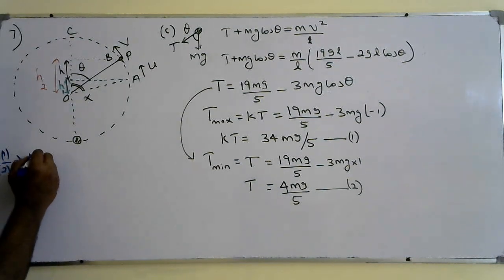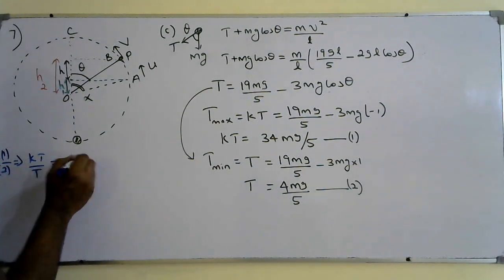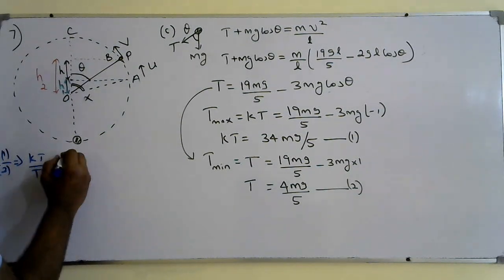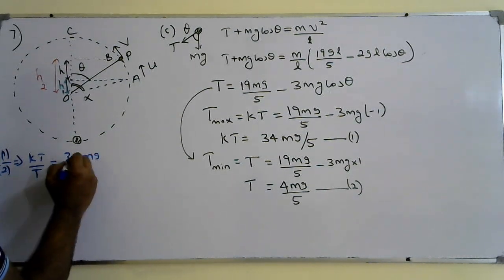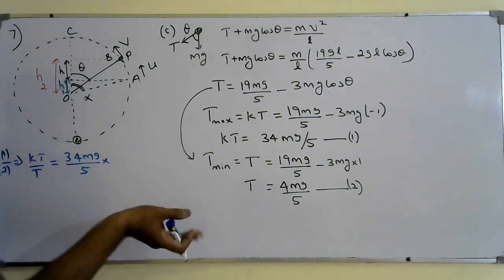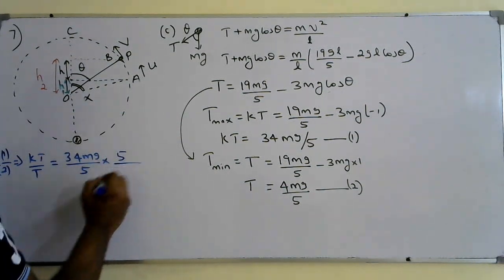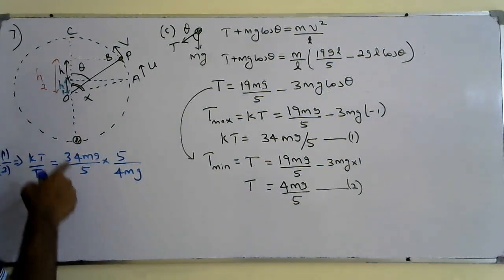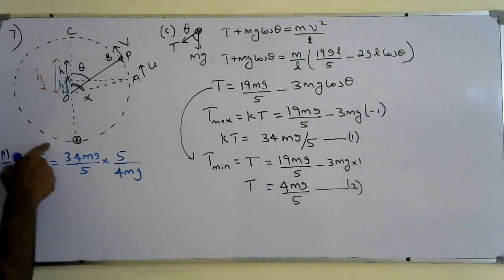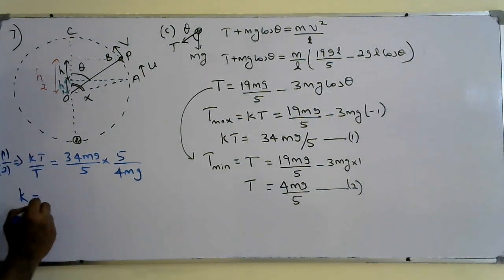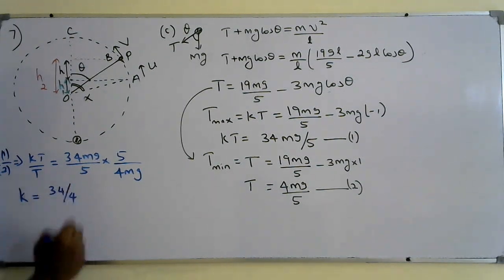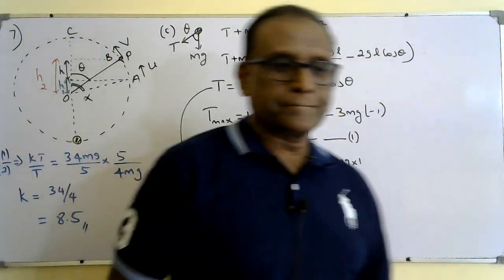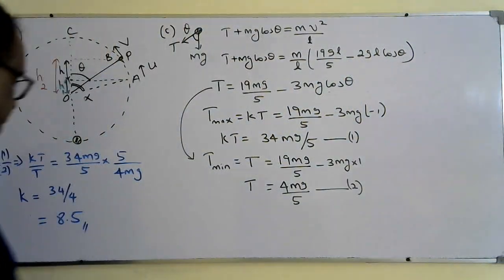That's going to be KT over T equal to 34 mg over 5 into, when you divide, it becomes upside down, you know level math, 5 over 4 mg. So mg gets cancelled, 5 gets cancelled, 34 over 4. T also gets cancelled. So K is going to be 34 over 4, which is 8.5. That's the value of K.